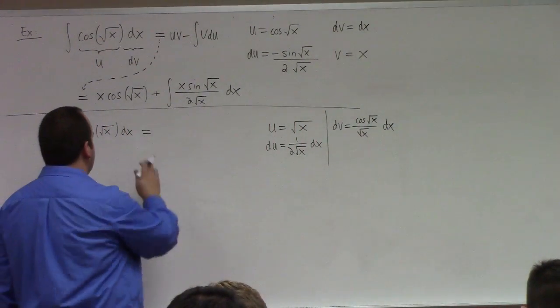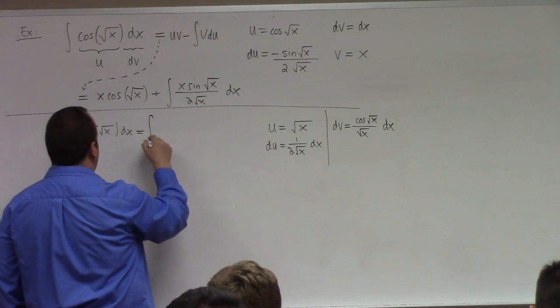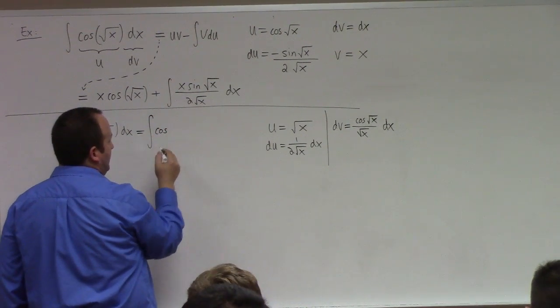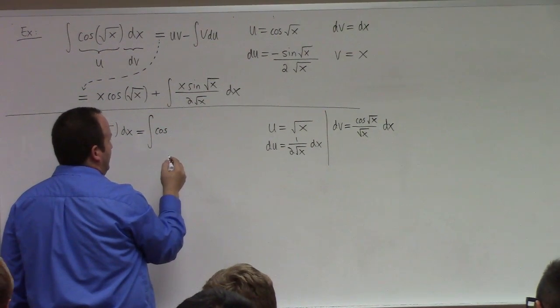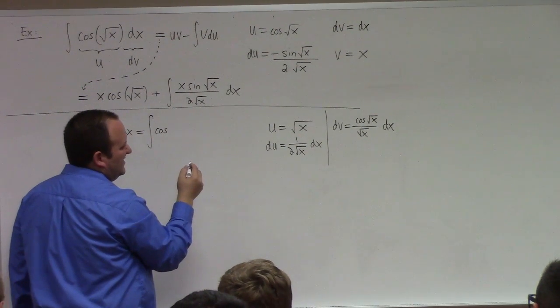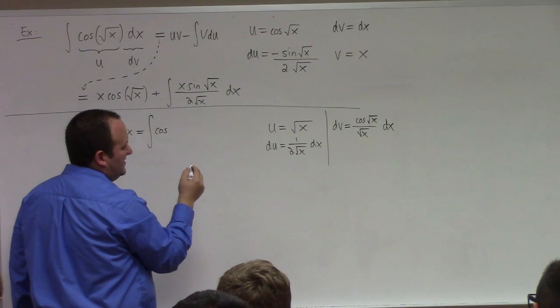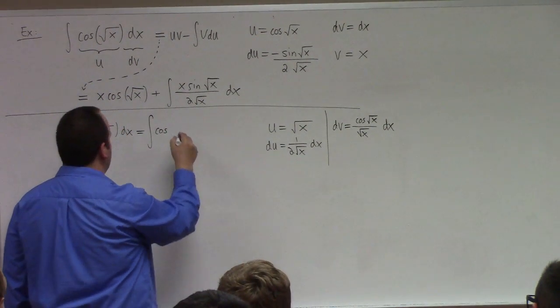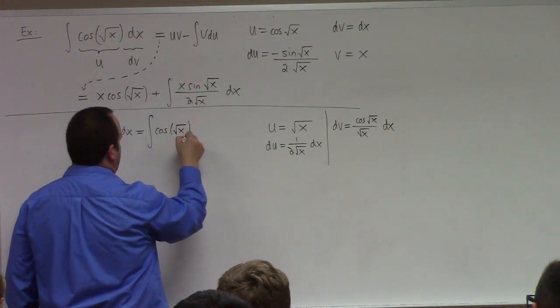So the point is, you have to kind of start with the original problem, right? If you tilt your head and squint, you go, hold on a second. I think that there is a way to do this. Cosine square root of x.